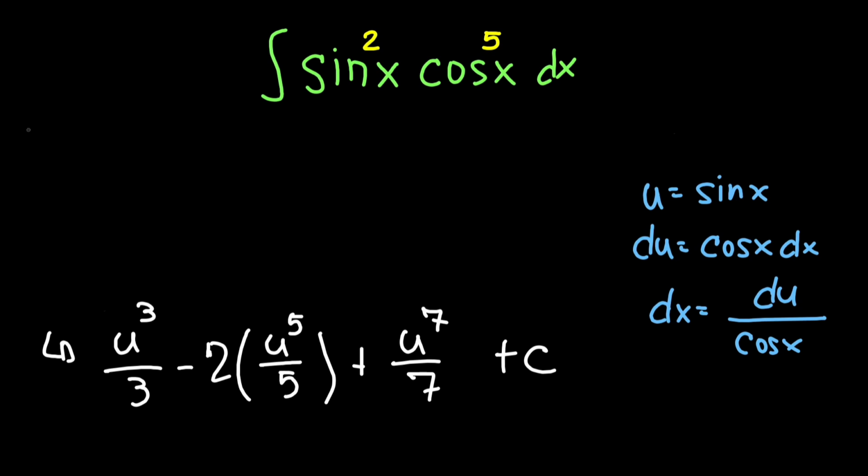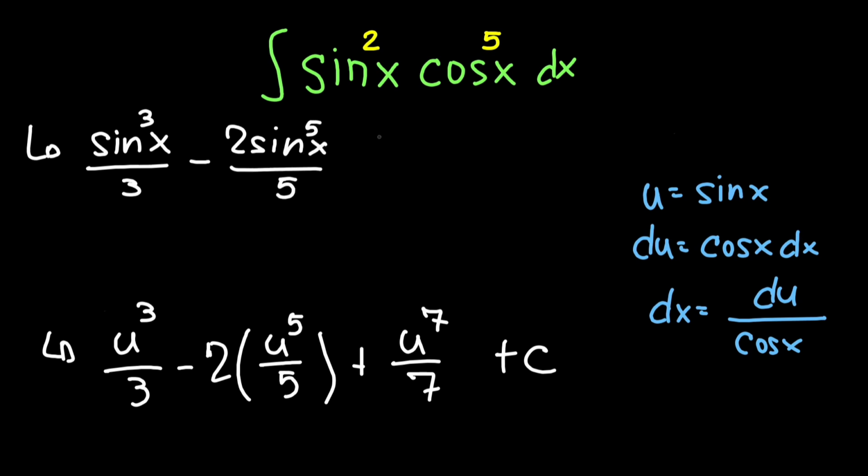And now your final answer would be reverting u back into sine of x, which would be equal to sine cubed of x over 3 minus 2 times sine to the power of 5 of x over 5 plus sine to the power of 7 of x over 7 plus c.